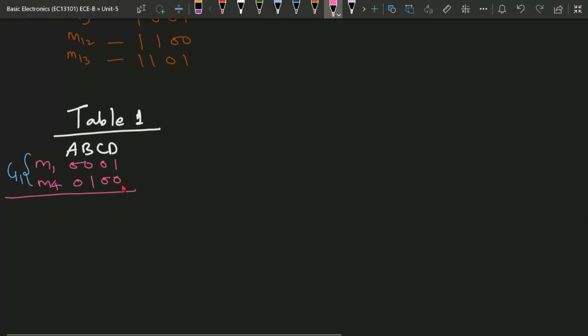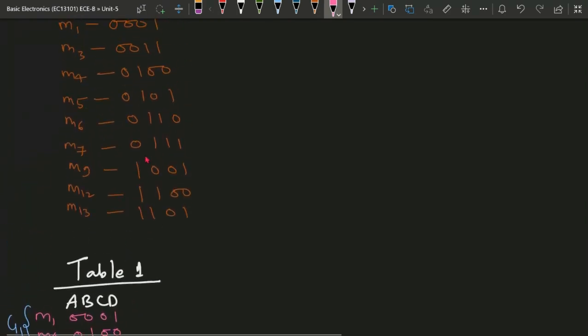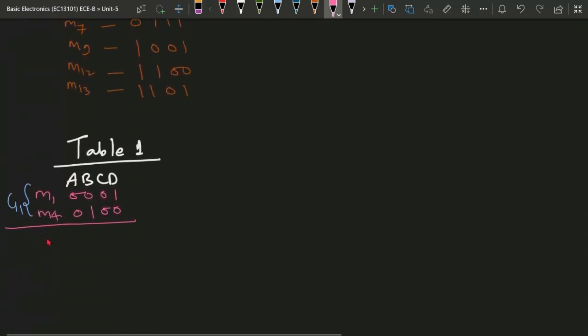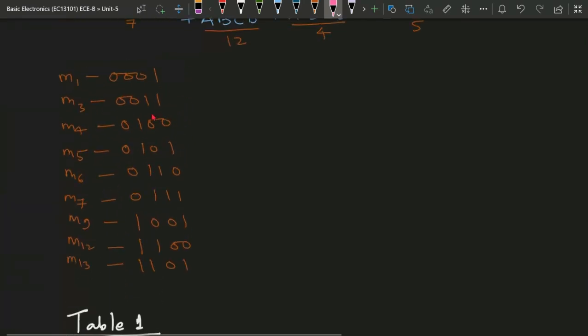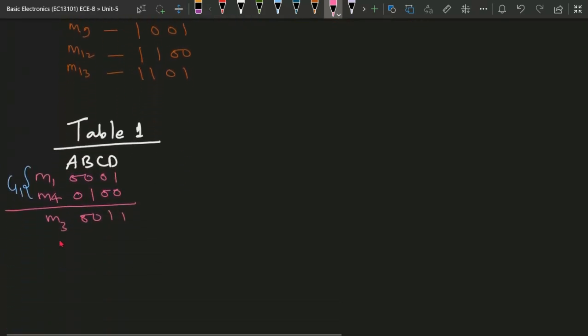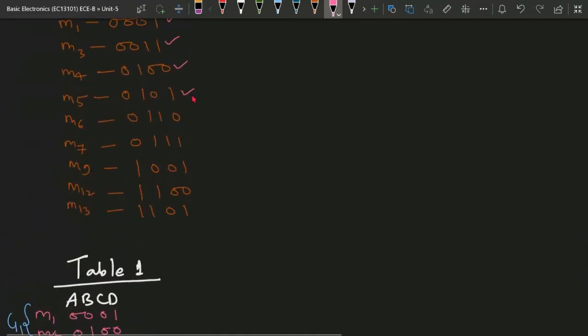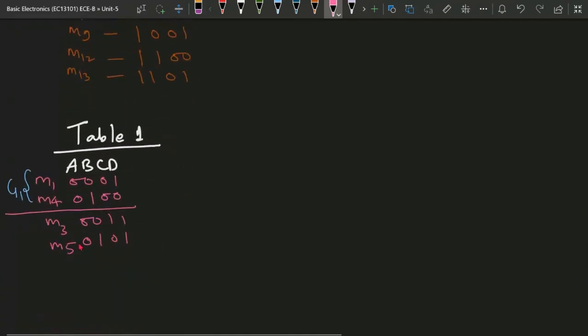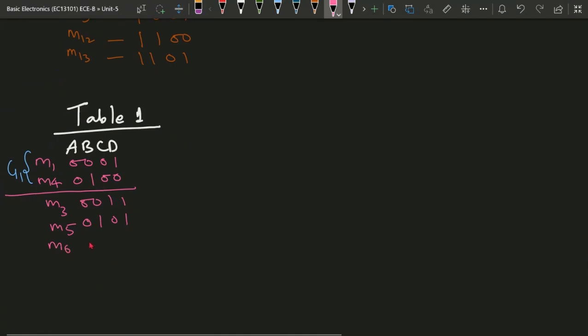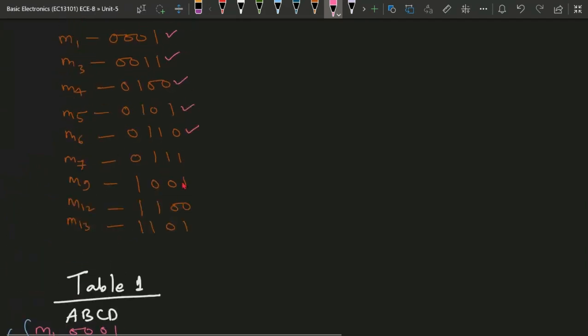So the next group we will be having number of ones as 2. Here M3 is having 2 number of ones, 0011. Similarly M4 has been done. So M1 has been done, M3 has been done, M4 has been done. M5 is also having 2, so it will be M5, 0101. M6 is also having 2 number of ones. So M6 is 0110.